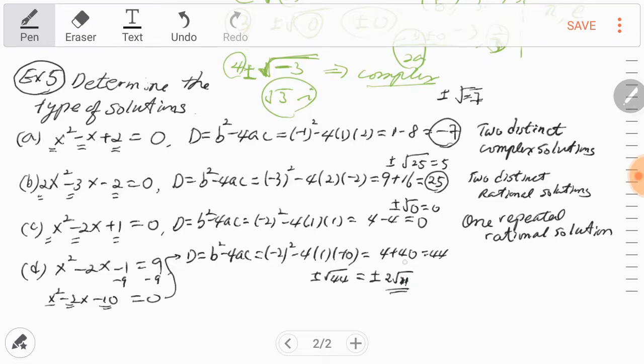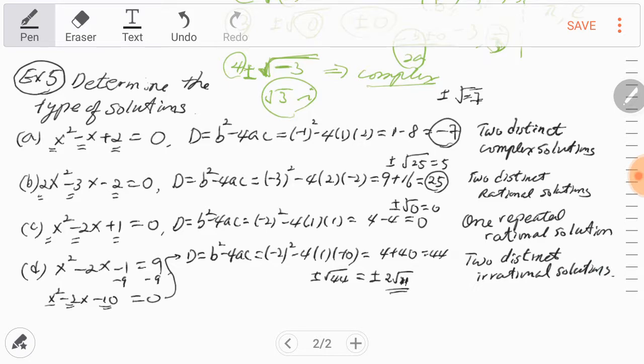If there's a square root, then that is an irrational number. So there will be two solutions, one plus and one minus. So two distinct irrational solutions this time, because the square root is an irrational number.